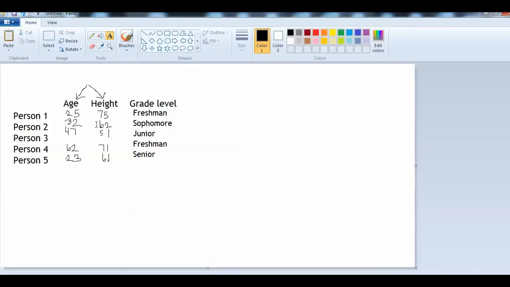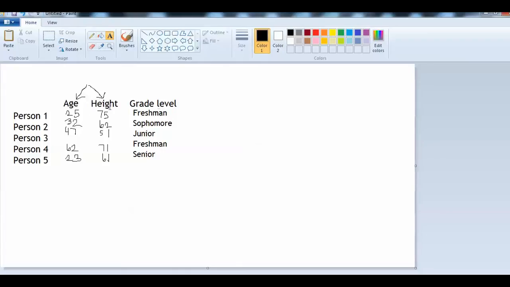Now our data set has 3 variables. When I say data set, I just mean the complete set of data that we've recorded has 3 variables. It has age, height, and grade level.